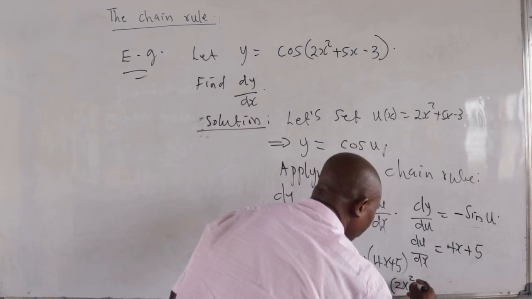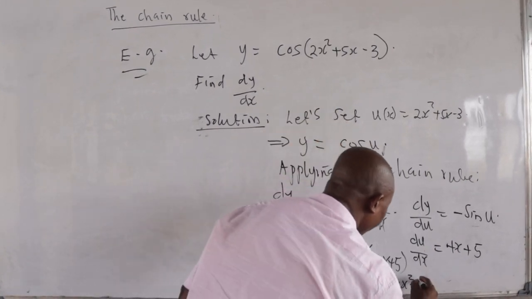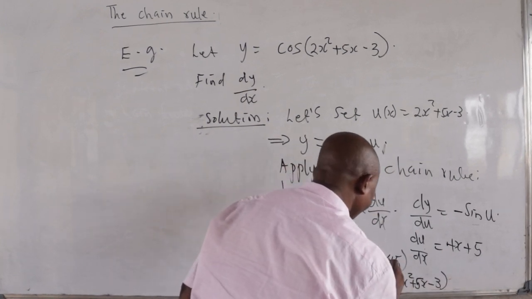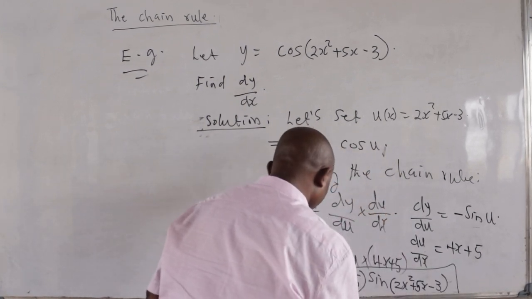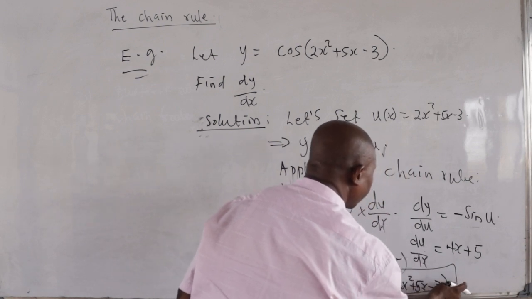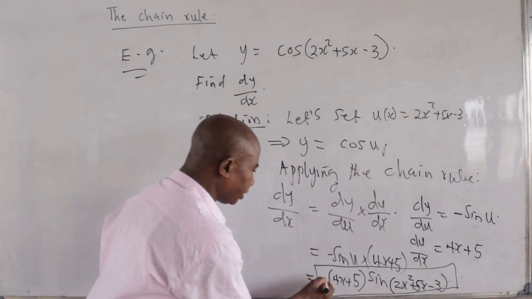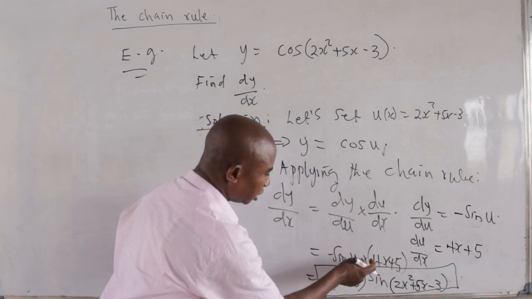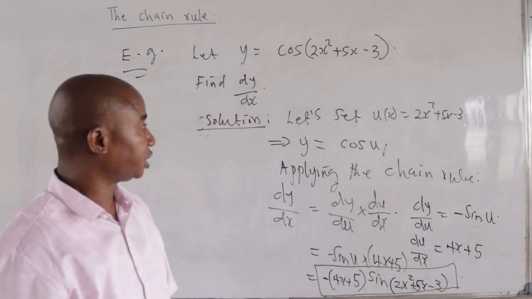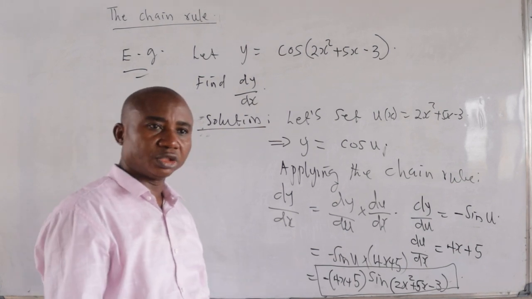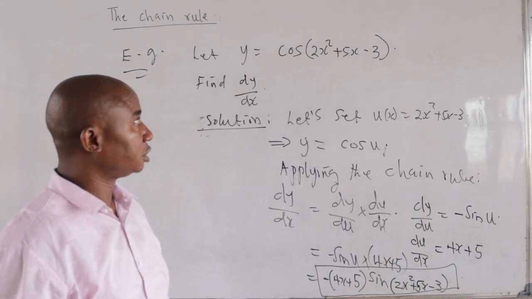This is 2x squared plus 5x minus 3. And this is the derivative of the function y with respect to x. So remember, this is a negative because of this. So this is how you can apply the chain rule to get the derivative of a function of another function.